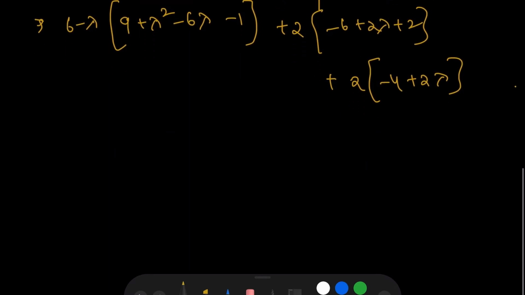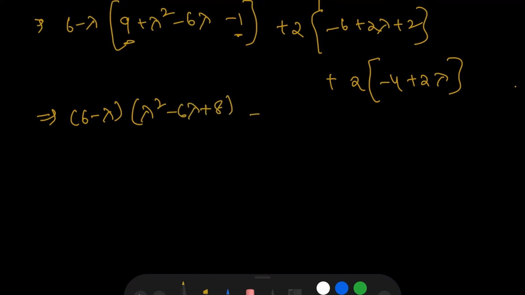So further simplifying this, 6 minus lambda into 9 minus 1 is 8, so lambda square minus 6 lambda plus 8, and solving this, 2 into minus 6 plus 2 is minus 4, so minus 4 plus 2 lambda, right?